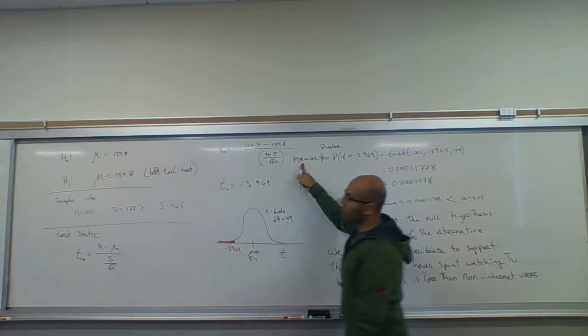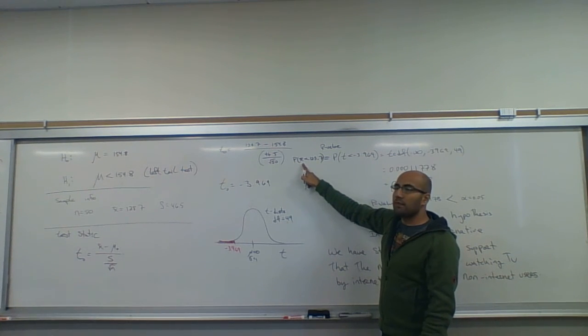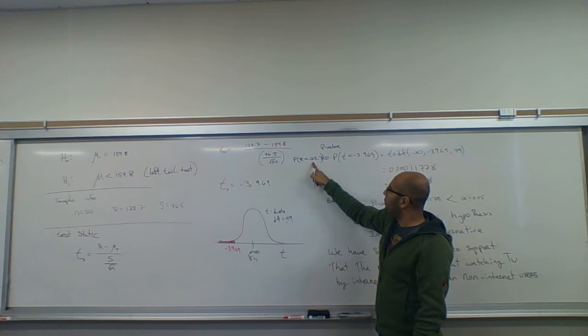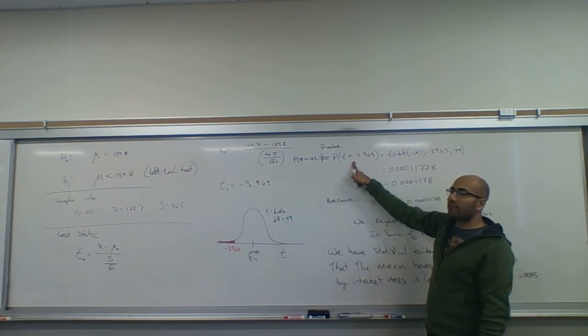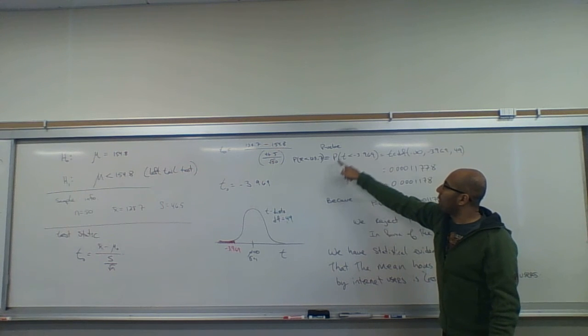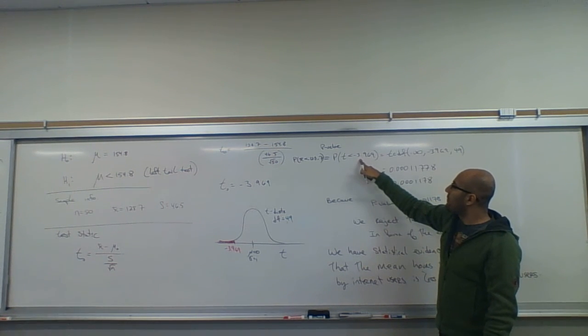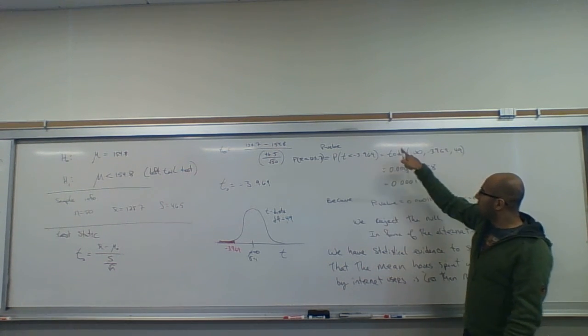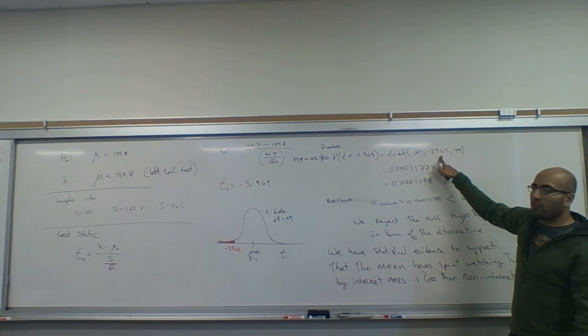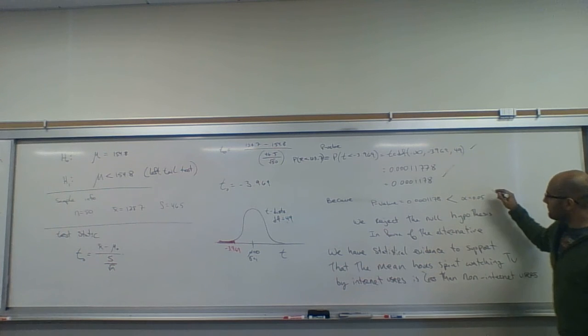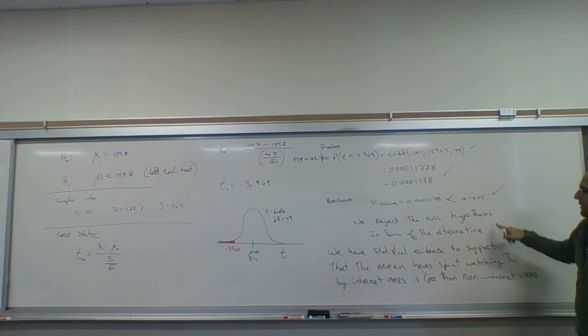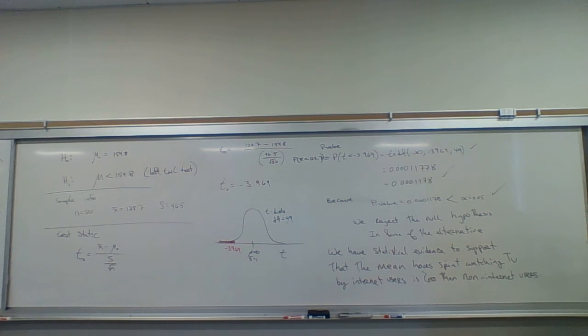So this is the one we really wanted to know. What's the likelihood that the mean result would be less than 128.7? Well, that's equivalent to finding out this t distribution value. Probability that t is less than negative 3.969. tcdf, negative infinity, negative 3.969. Okay, so we have to write that down. And then some sort of a little statement like this and a little conclusion indicating what your results are. Any questions?